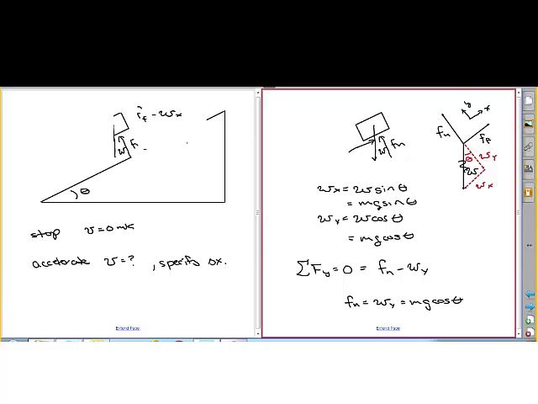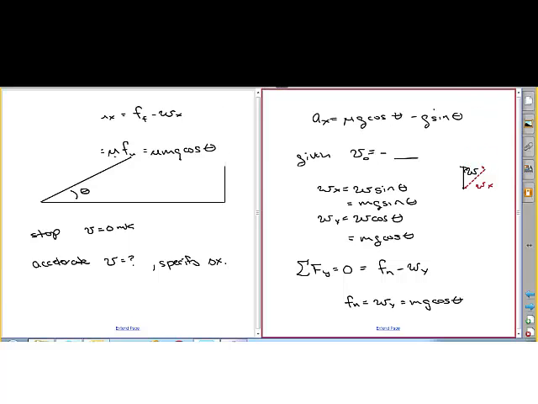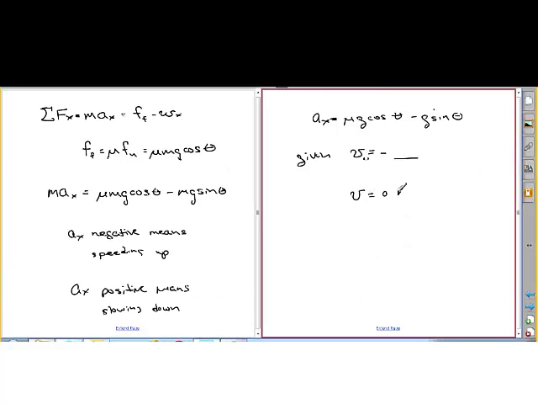So if I'm given the initial velocity, which in this case would be negative because it's going down the inclined plane, and so that's v0, and v is equal to 0 meters per second. Then I probably have been given a low enough angle that this thing ends up being negative.